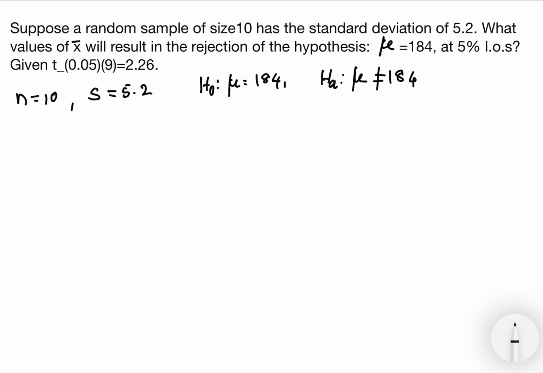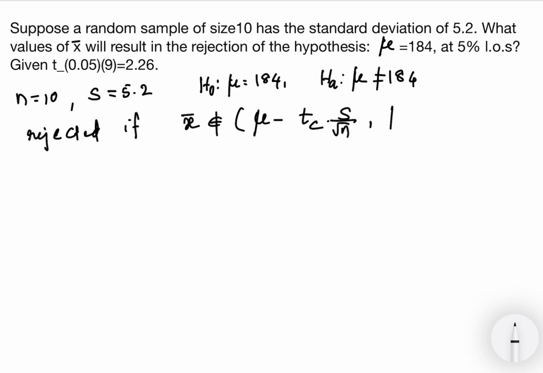So the hypothesis is rejected if x bar does not belong to the interval mu minus Tc into s divided by root n, mu plus Tc into s divided by root n. So let us calculate what is x bar for this interval.